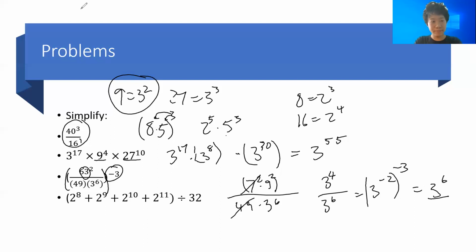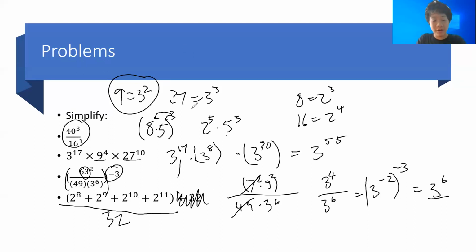Okay. The last one. Well, when we do math, we don't really like to see this symbol. This symbol, it doesn't really mean anything, right? So division is fractions. So we can rewrite this as all of this junk over 32, because it's in the parentheses. Okay?